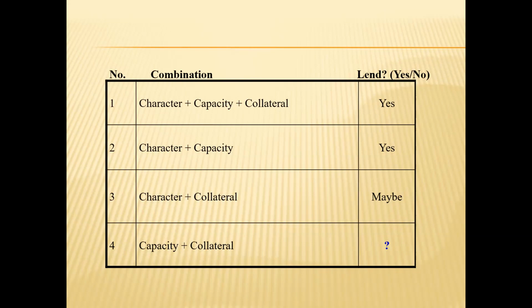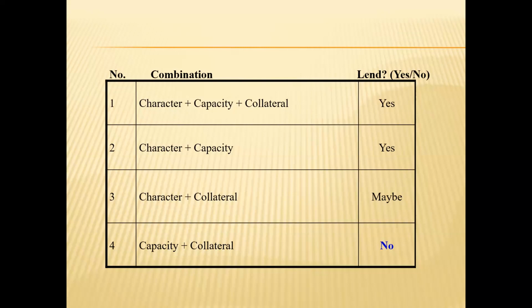Do we lend to this person? Run them out the bank. No, exactly. You don't want to see them, but you be nice in running them out the bank. So no.